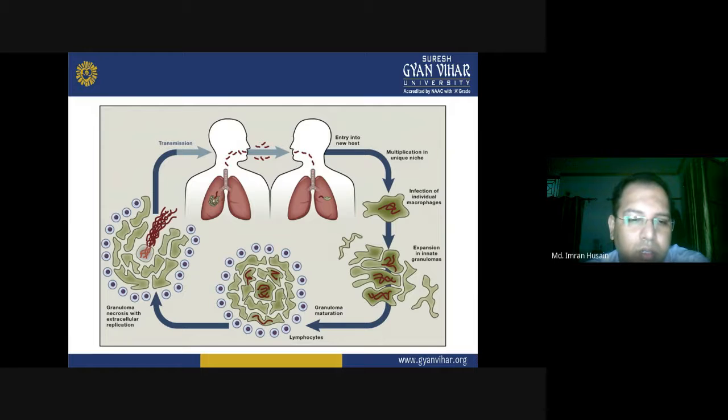Granuloma necrosis with extracellular replication. Then it comes out of the granuloma cells, and transmission again takes place to other individuals.